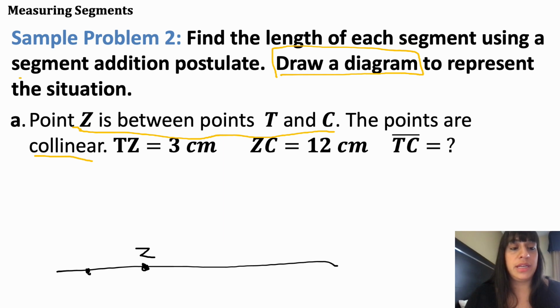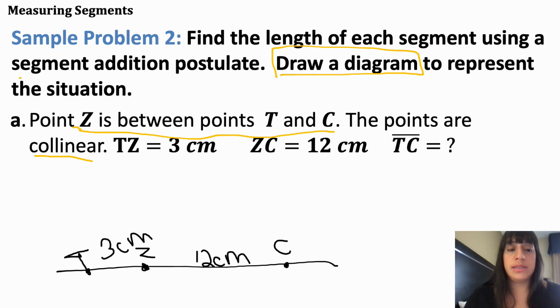And you have T and C. The distance from T to Z is 3 centimeters. And the distance from C to Z is 12 centimeters. What is the distance from T to C?